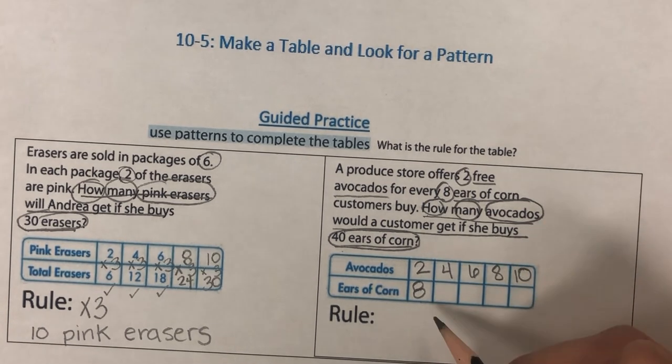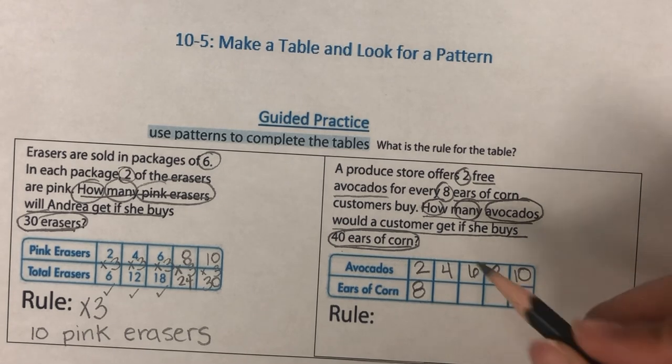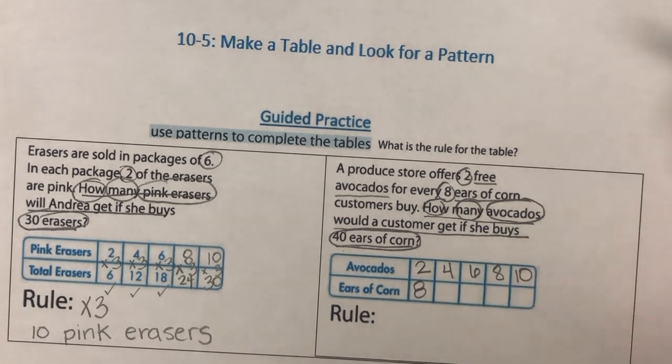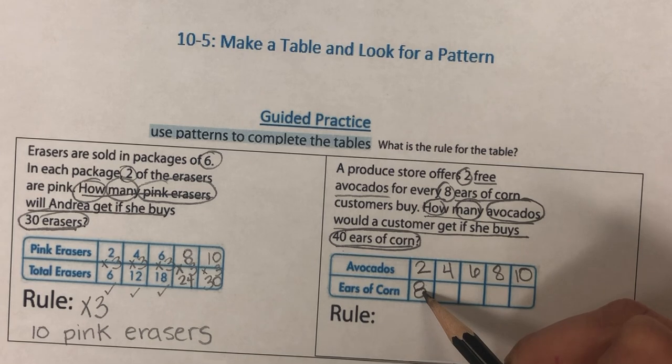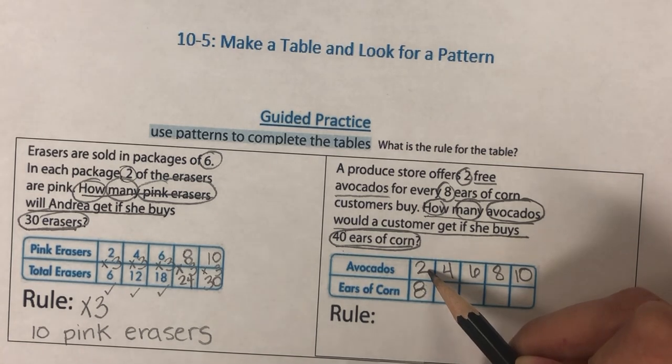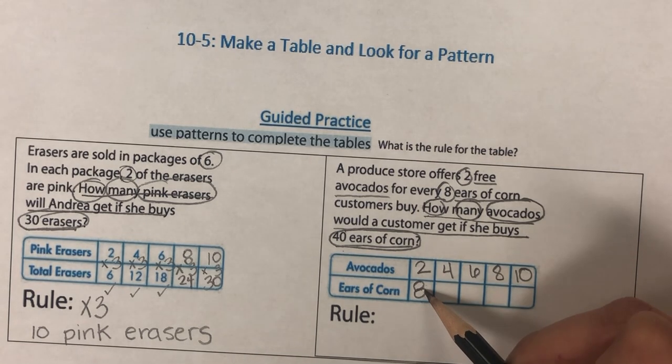Again, in a group of 8, there's going to be 2 free avocados. We want to know how many avocados they will get if they buy 40 ears of corn. For every 8, they're going to get 2 free avocados.